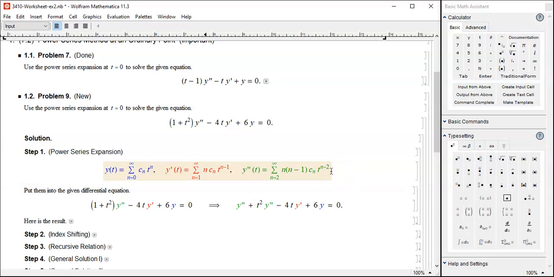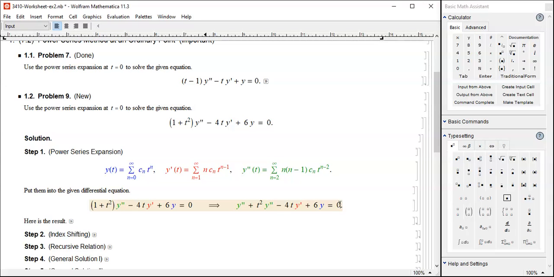We have these power series expansions, and we're going to plug those into the original equation. We can put those into the original equation without any manipulation, and we can manipulate it later. Or we can break up parentheses first, and then plug in those series appropriately afterward.